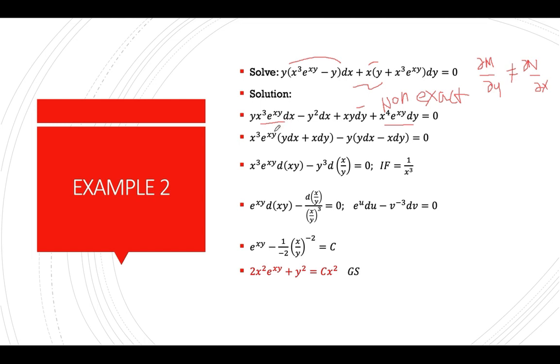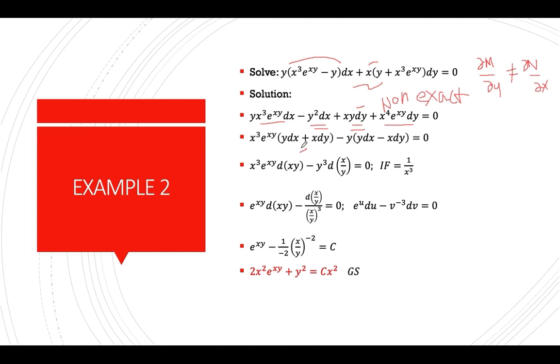We can factor out x cubed and e to the xy. That will give you y dx plus x dy. And then for the second and third terms, the common factor is negative y, so you get y dx minus x dy.